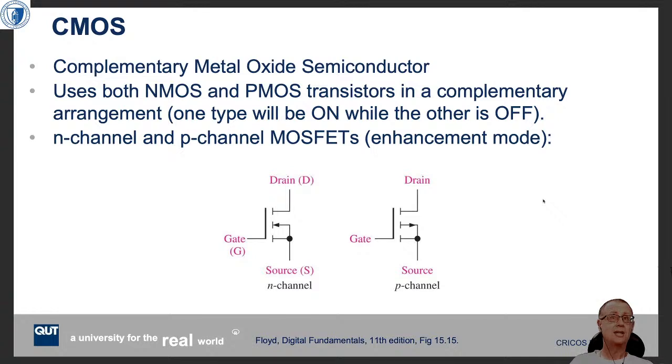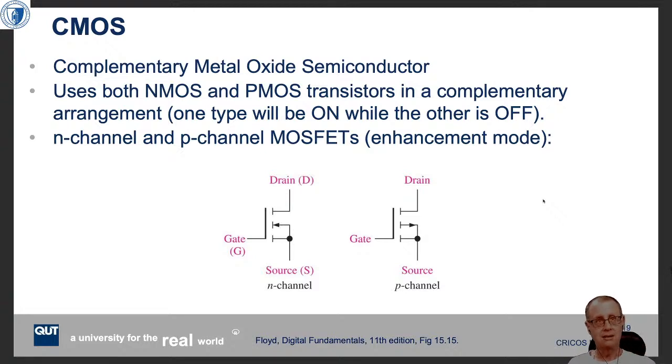Right, this is just talking in a bit more detail about what CMOS is, complementary metal oxide semiconductor, and NMOS and PMOS transistors. Right, and you can see, if you remember your semiconductor physics, there's N-doped semiconductors and P-doped semiconductors, and it all depends on which of those types of semiconductors.